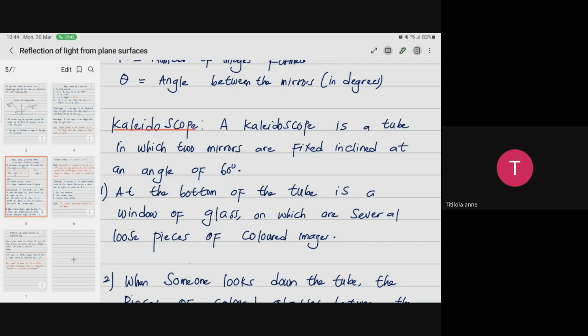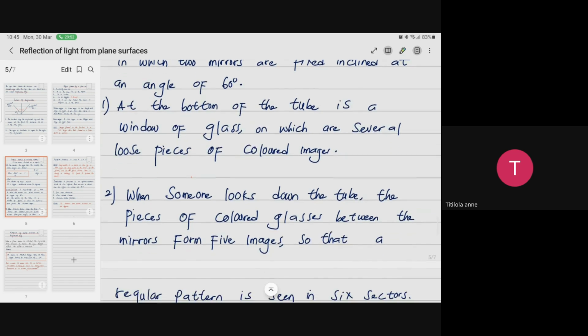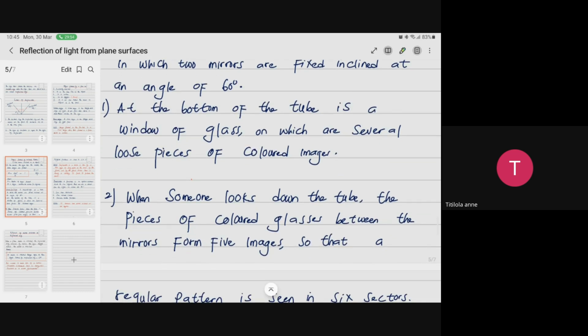But the basic thing is that in the tube, it has mirrors, and the mirrors are inclined at an angle, right? And there are pieces of colored glass inside of it, right? So that when you look down through the tube, the pieces of colored glass between the mirrors are going to form 5 images. Who can tell me the angle between them for you to have 5? Okay, it's already there. It is inclined at an angle of 60 degrees. I thought I didn't write that down.